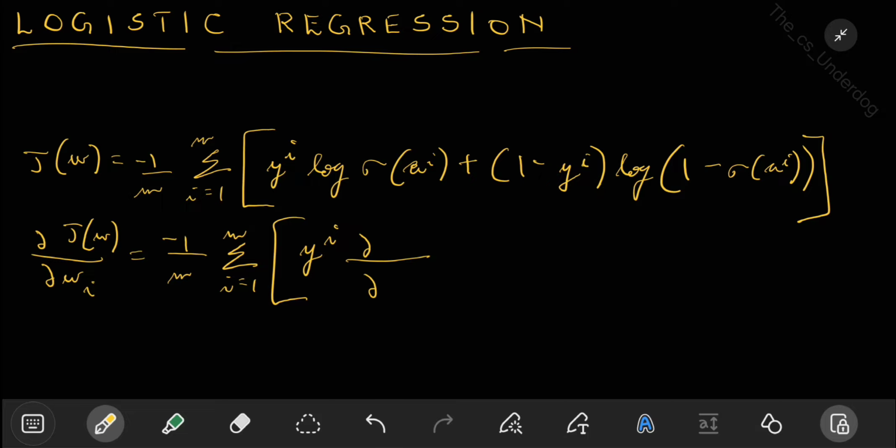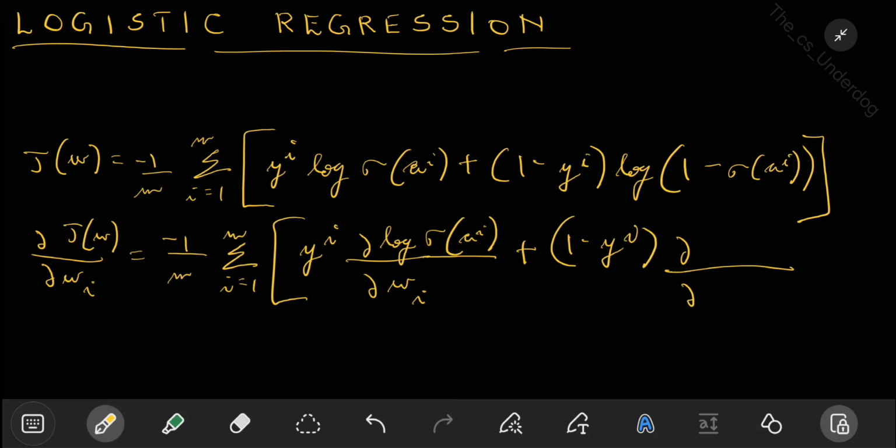Del by del Wj of log sigma ai, plus 1 minus yi into del by del Wj of log 1 minus sigma ai. This i and the other i are coinciding, so let's call this Wj, because otherwise you will have confusion with yi. All the W's I'll change to Wj.